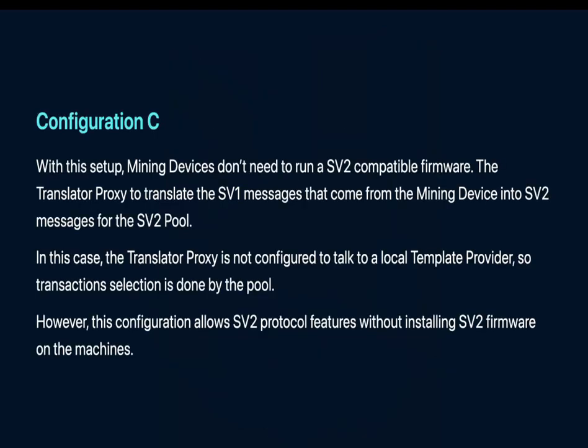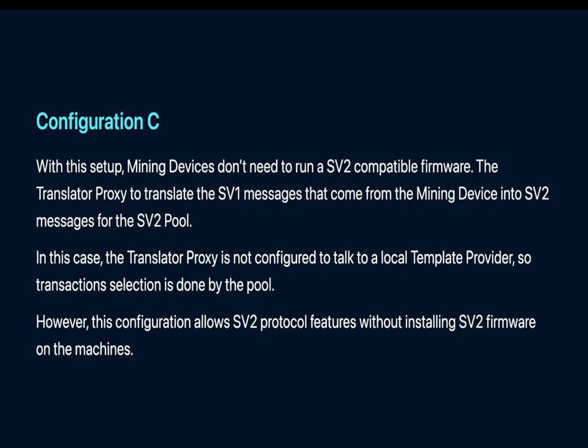So let's look into configuration C. With this setup, mining devices don't need to run SV2 compatible firmware. Translator proxy is used to translate the SV1 messages coming from the mining devices into SV2 messages that are going to the SV2 pool.